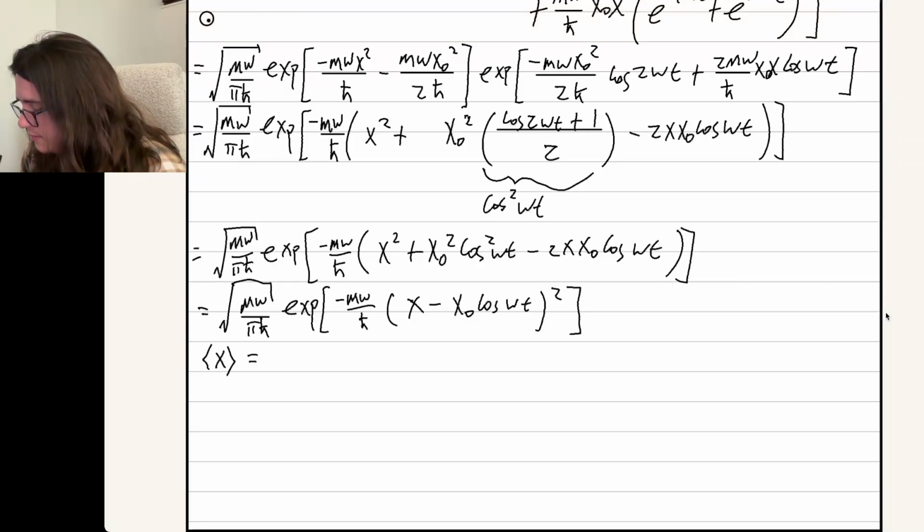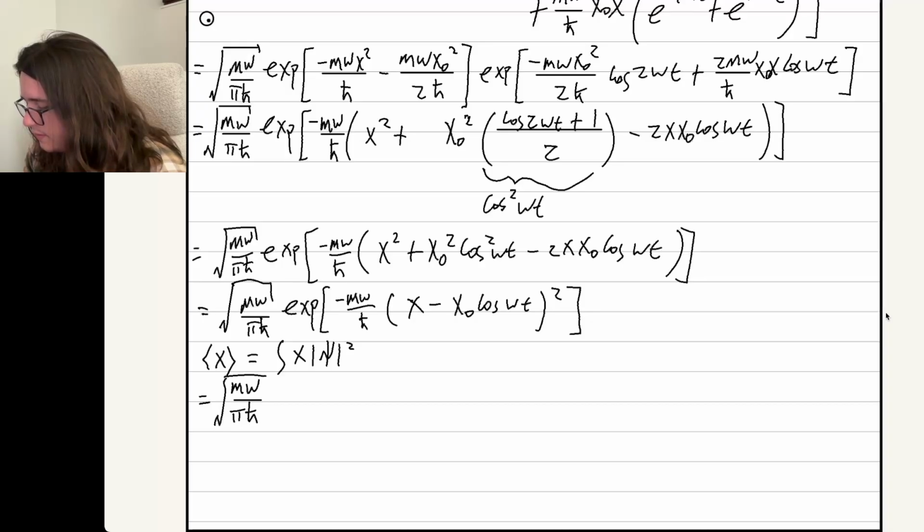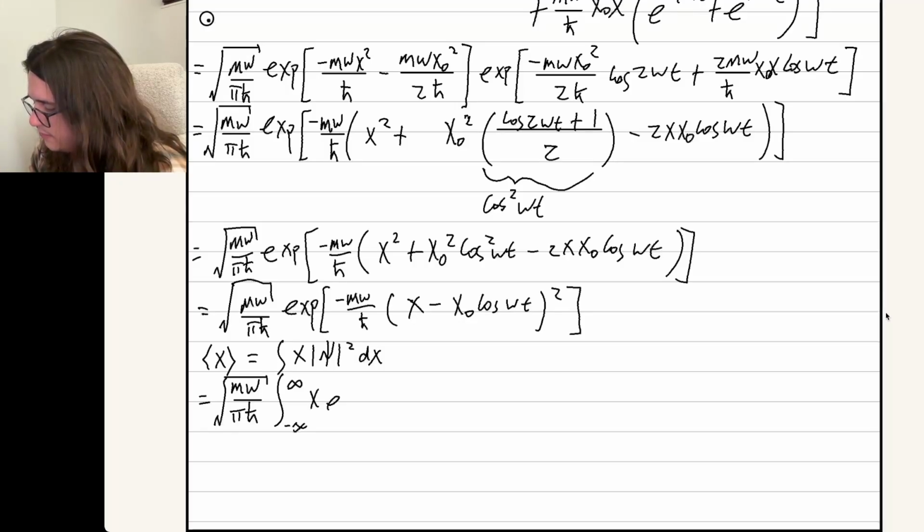So first we need the expectation value of x, which is just going to be the integral over all space of x times the mod squared, which we just got. So we have square root m omega over pi h bar, integral from minus infinity to infinity of x times this crazy term, exp minus m omega over h bar, x minus x naught cosine omega t, squared.